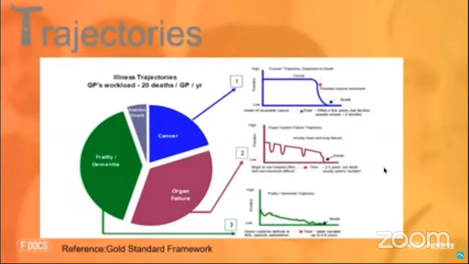So T is for trajectories, and really the point I want to make from this slide is quite simple, that patients, depending on their diagnosis, will die by different modes, really. And it's not quite as simple as just 3 different graphs, but this does demonstrate it very broadly.